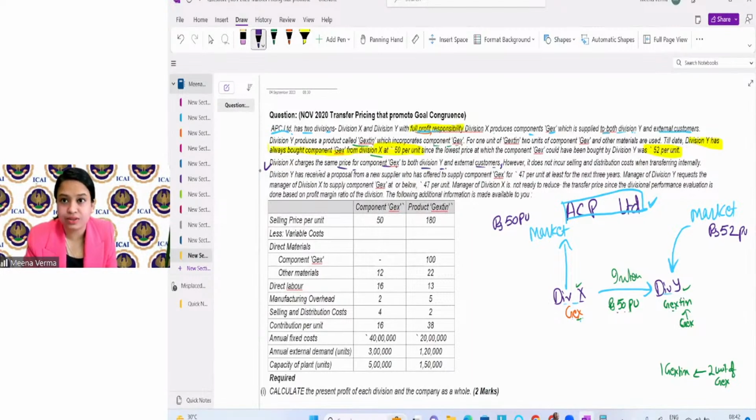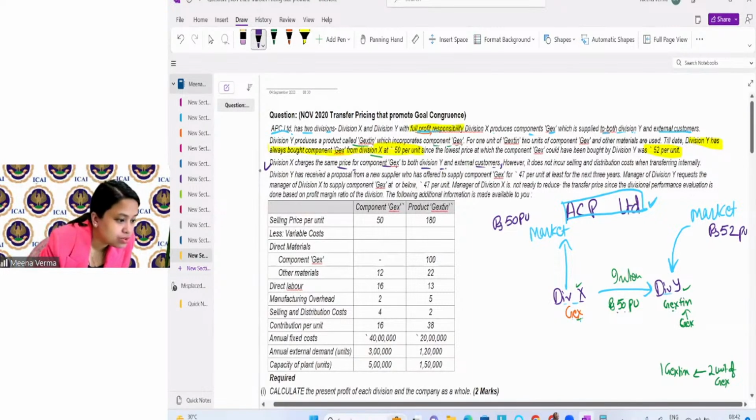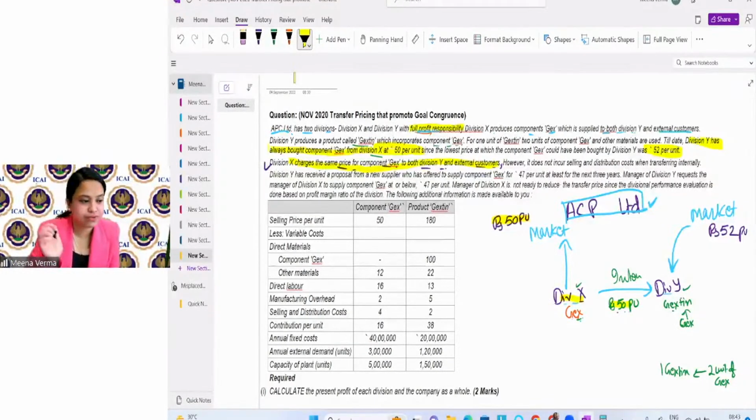It is given here. See, I'm just reading the question carefully. I'm just writing what is given here. Division X is selling the product at rupees 50 internally, as well as selling it outside at rupees 50. In both places, they're selling it at rupees 50. Okay.